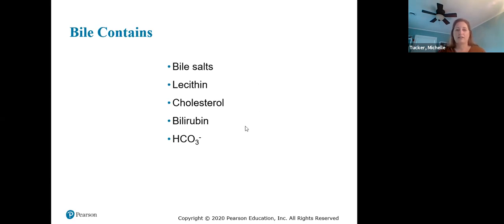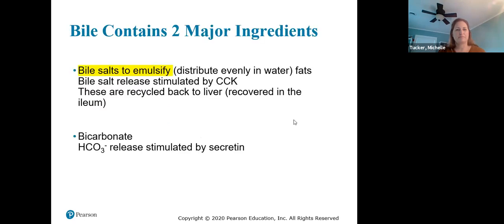Bile also contains cholesterol, bilirubin, which is a breakdown product, as well as some bicarbonate. The two major ingredients in bile are bile salts to emulsify those fats, and bicarbonate.